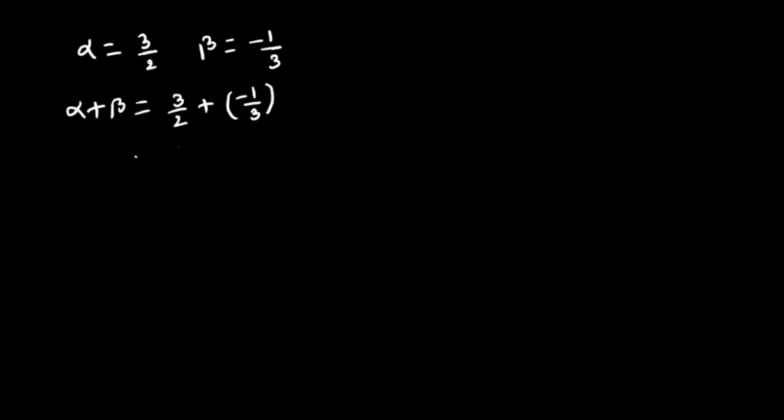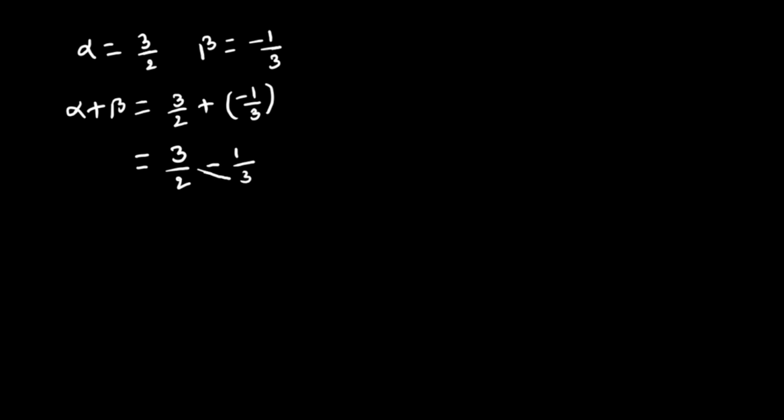So here alpha equal to 3 by 2, beta equal to minus 1 by 3. Now we take alpha plus beta, the sum of the zeros: 3 by 2 plus minus 1 by 3. Here we get 3 by 2, this plus into minus is minus 1 by 3.